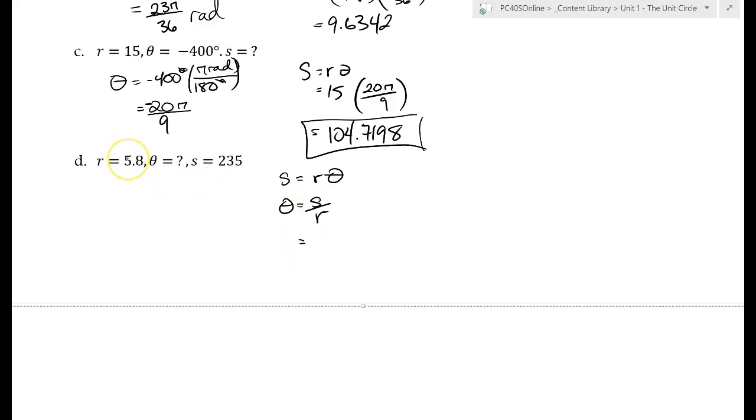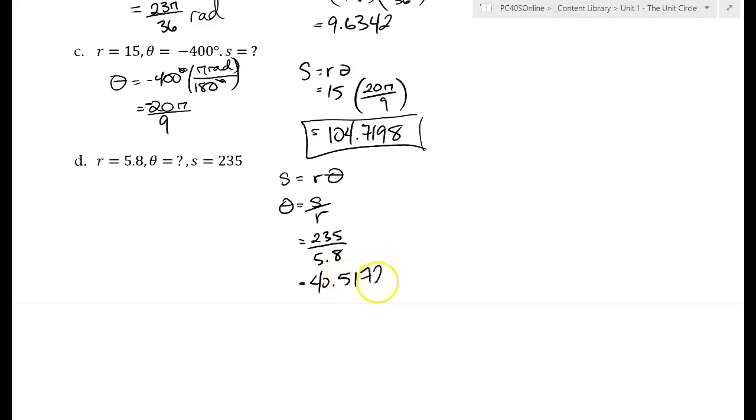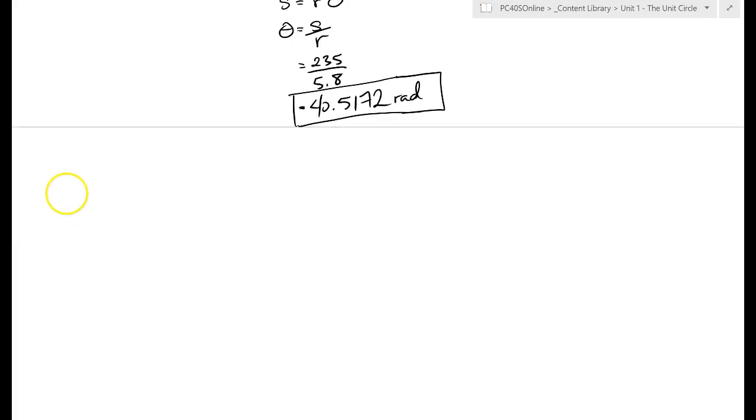Given the fact that we already have both of these values and they don't have specific units, they just need to be the same, we have 235 divided by 5.8, and that gets me 40.5172. And that should be in radians. And there we go. So that's our final answer, and that is our last example.